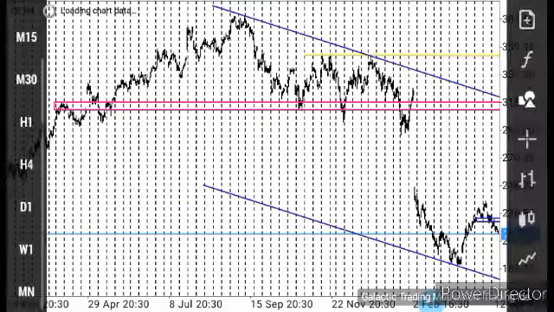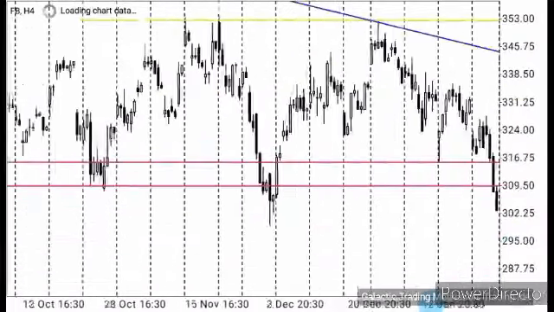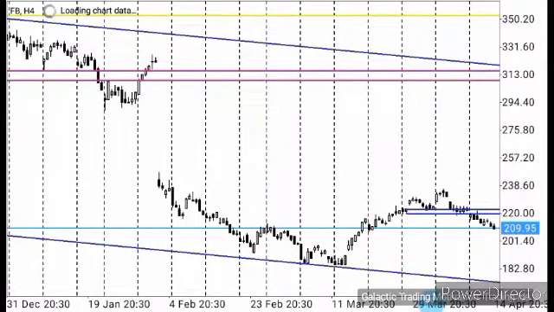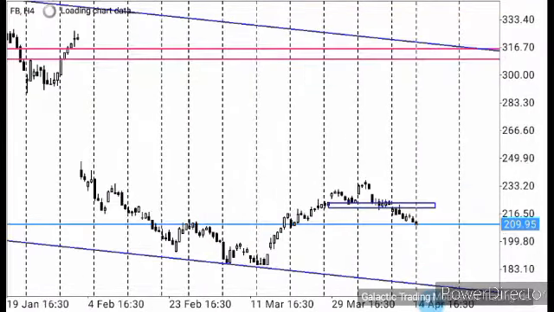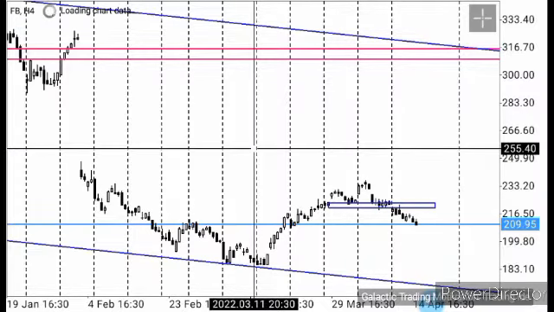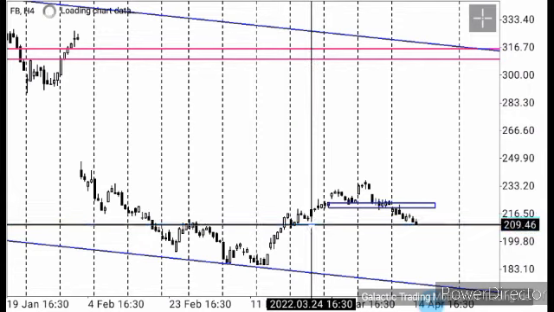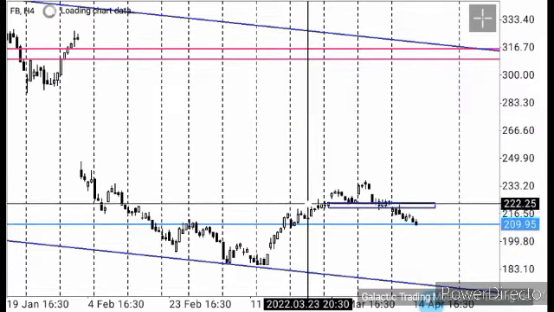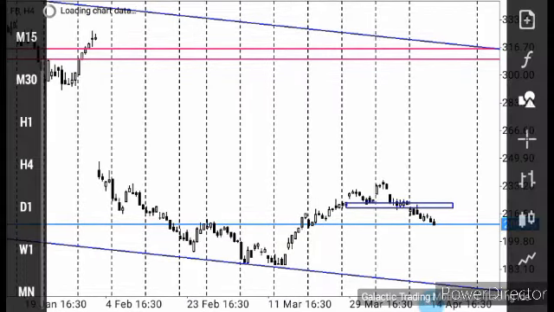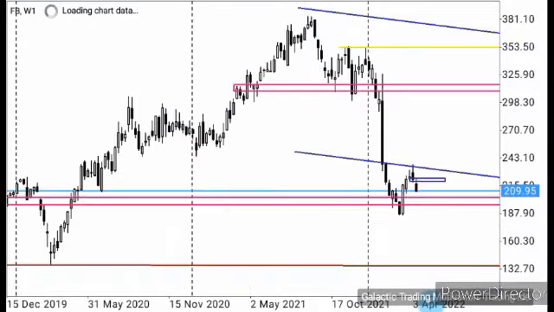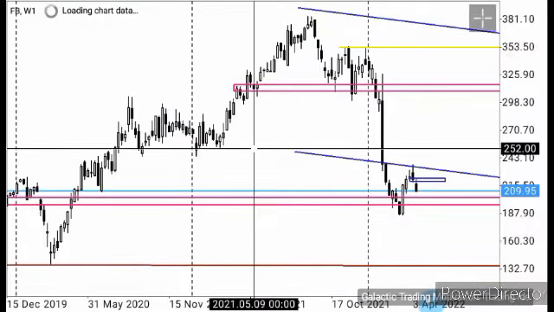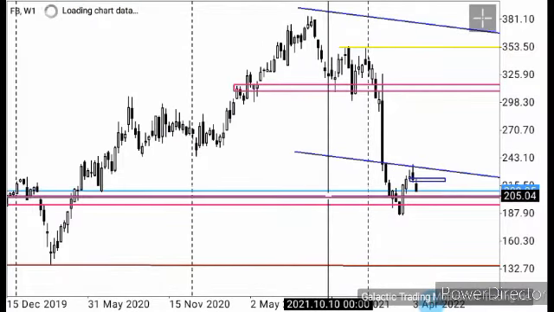Then from here, my line seems to have disappeared at this point, but we know that it's on this level more or less. Let me just go back to the weekly chart to show you what I'm talking about. It's actually here. Yeah, so that's fine. Head back to the H4 chart.